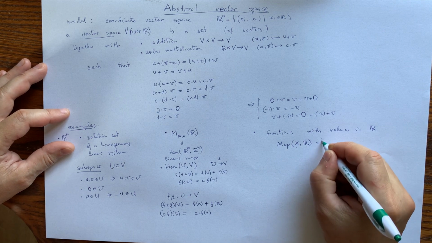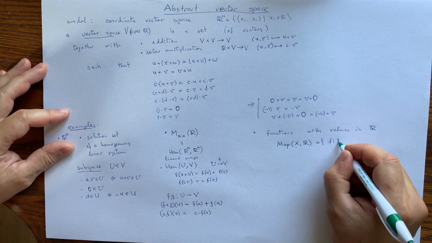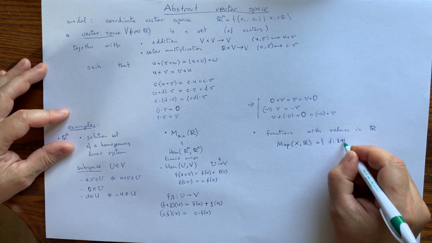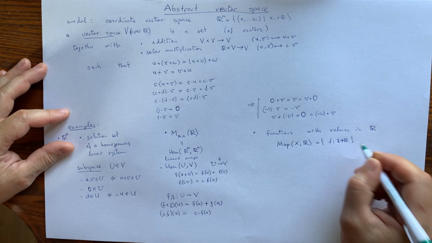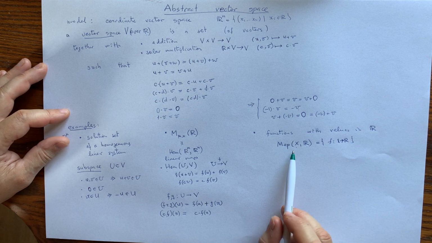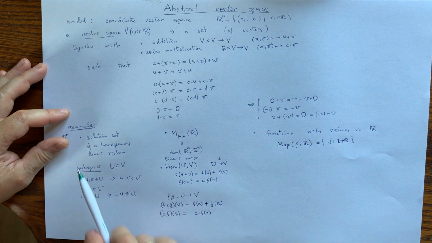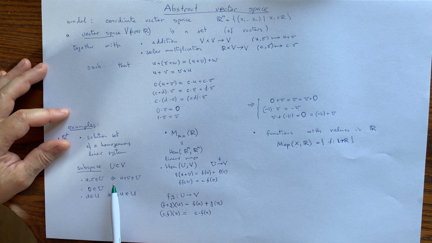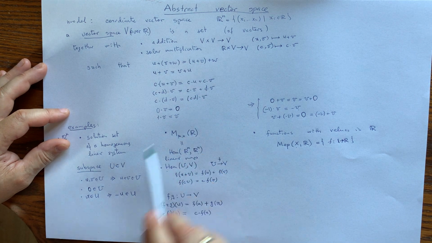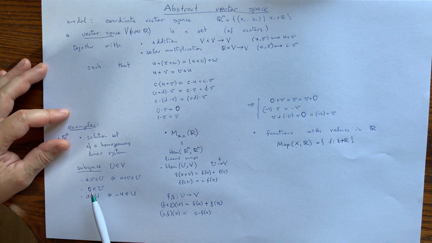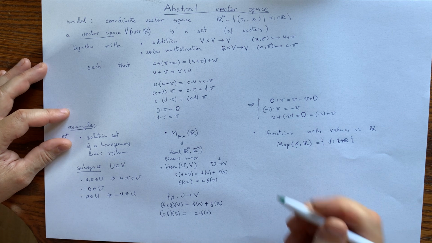It will be the set of all functions into real numbers. And again, if I want to make it a vector space, I have to say what is the operation of addition and what is the operation of scalar multiplication, and I need to be sure that these two operations will satisfy the required axioms.